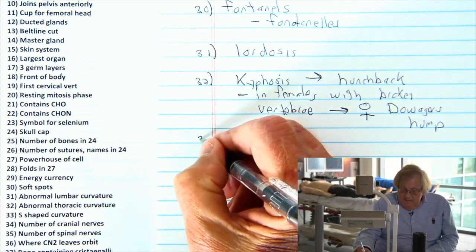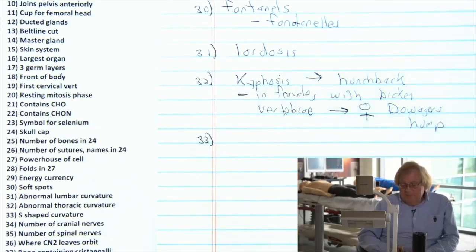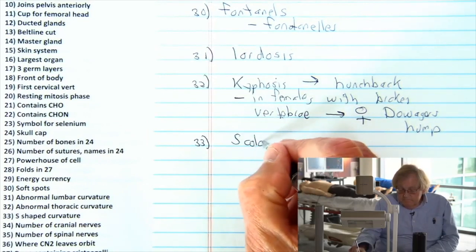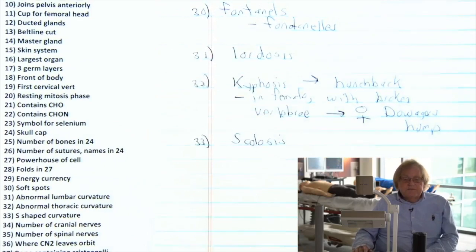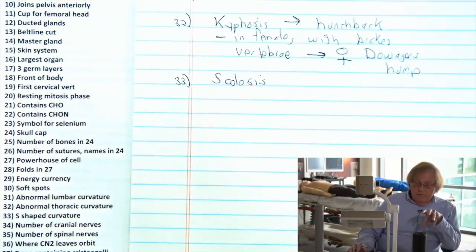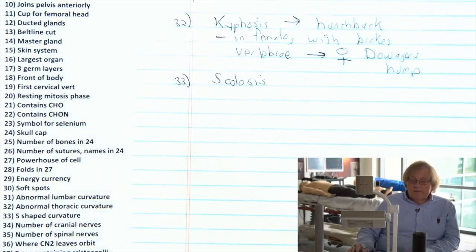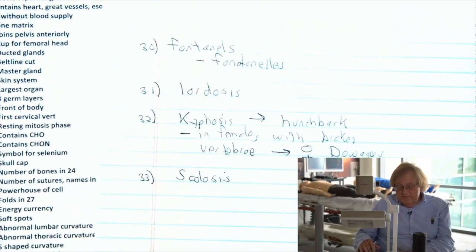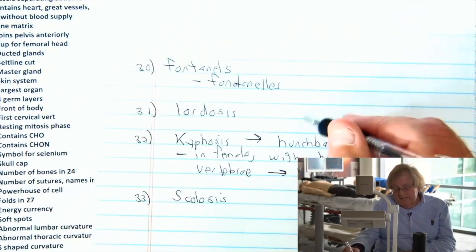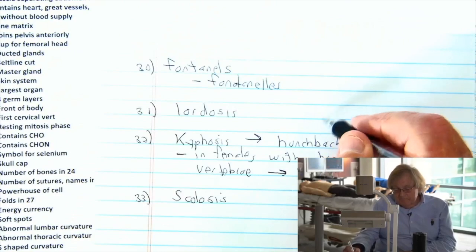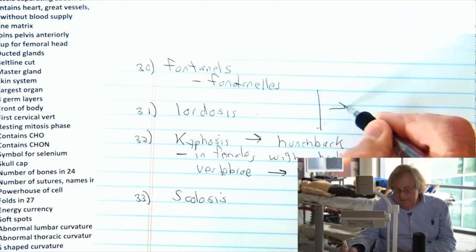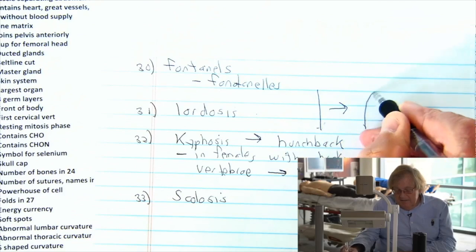Number 33 says an S-shaped curvature. That's going to be a scoliosis. I think the significance of those as far as radiography is concerned, if you wanted to take an x-ray of someone that had lordosis, well, just kind of think that lordosis means that the vertebral column at the lumbar region, so if this was the straight vertebral column and I had lordosis, I would kind of see a bend that looks like this.